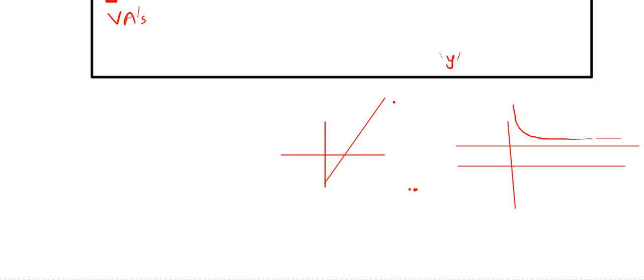So whenever you start finding an oblique asymptote, the first thing you have to write is: let y equal to mx plus c be the oblique asymptote. Remember, an oblique asymptote means a general line which becomes a tangent at infinity. There will be a curve which is very near to the line, and the distance between the line and the curve will be almost 0, but they never touch.